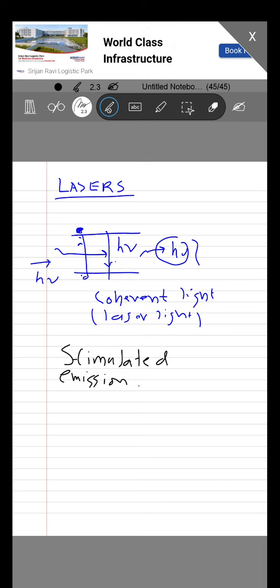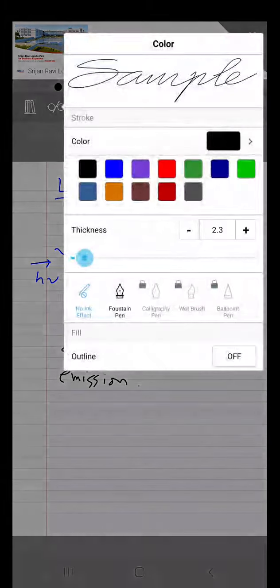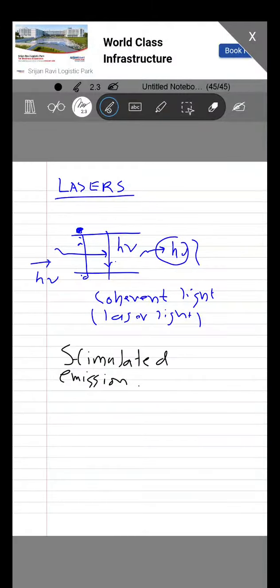For lasers to work, there are some conditions. Number one, there should be a population inversion.